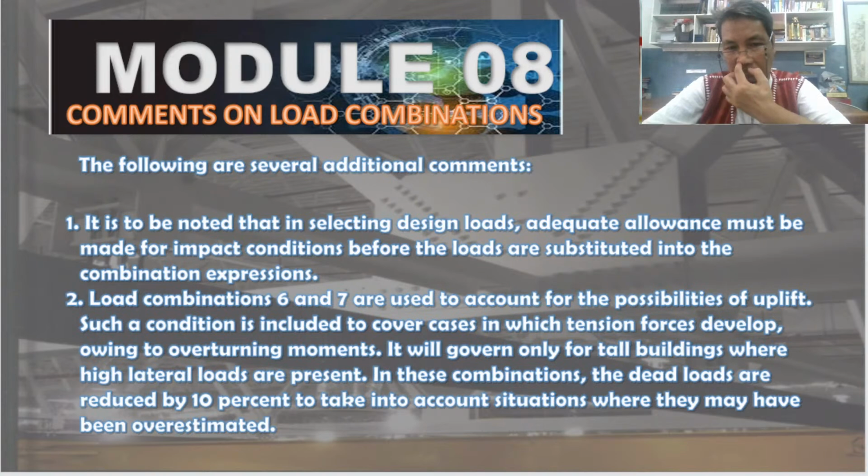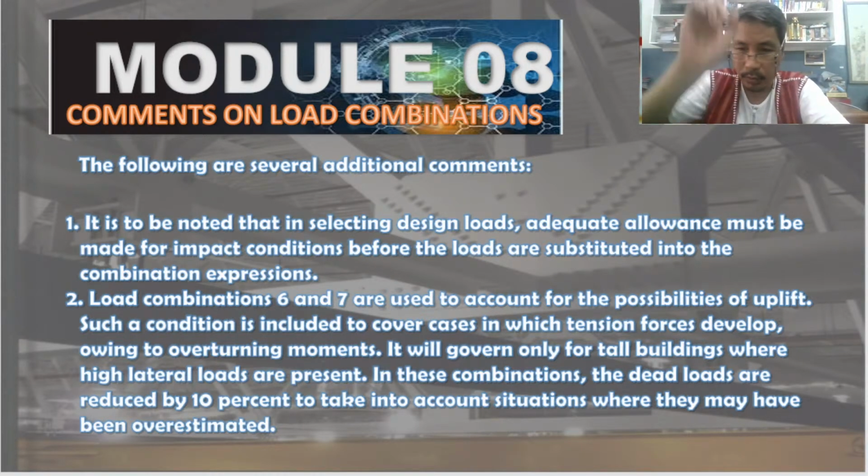Number 2, load combinations 6 and 7 are used to account for the possibilities of uplift. What is equation number 6? That is with the use of wind, and number 7 with the combination of earthquake. So dead load and earthquake for number 7, and dead load and wind load for number 6. On these equations, possibilities of uplift mean the load is going up. That is what we mean by uplift.